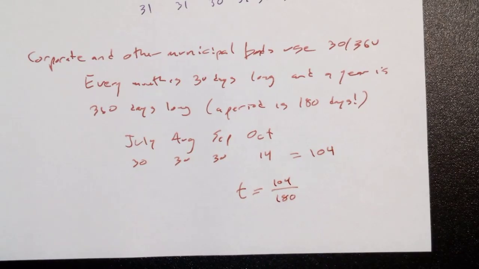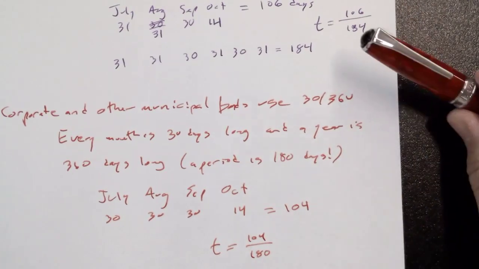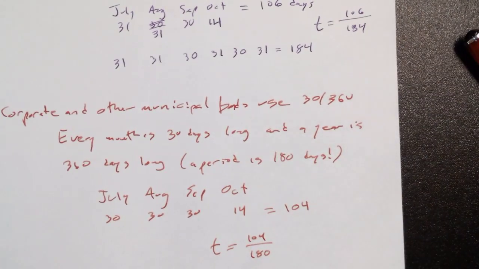All right. Please notice we got two different fractions, 106 out of 184 and 104 out of 180. Give me some decimals here because I don't know what these numbers are. They're going to be different, not hugely different, but they will be different.